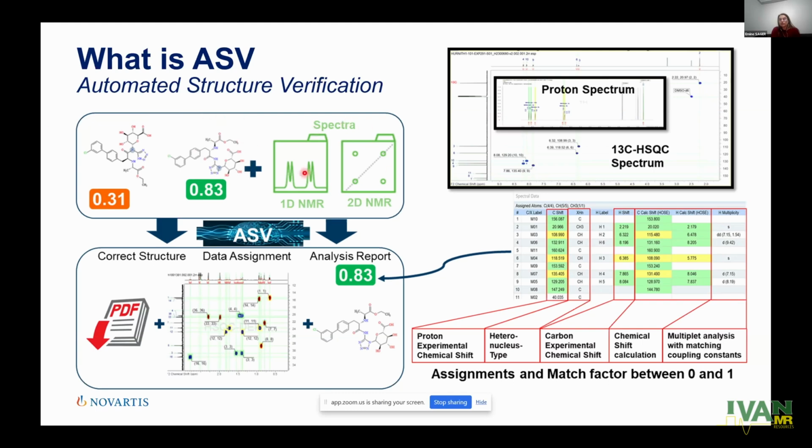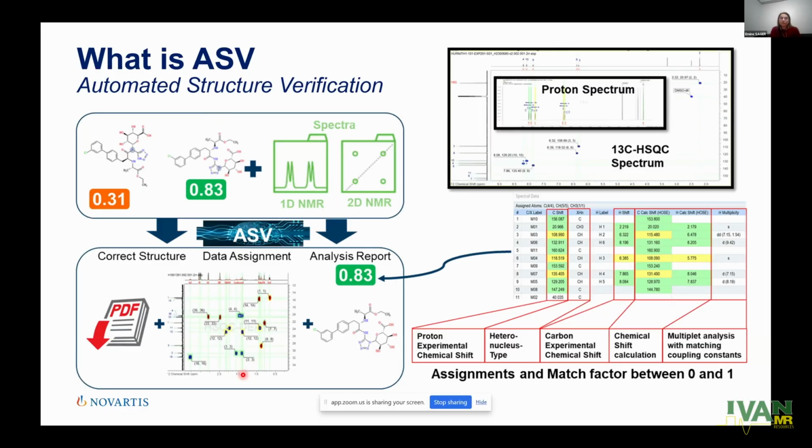NMR was measured. You have your raw data. Then what happens? ESV will run according to the spectra. It will try to assign these 2 molecules. You will have a red, yellow, orange, or green dot. If it is green, that means it's exactly in the good chemical shift. If it is yellow, it is a little bit outside of the range.